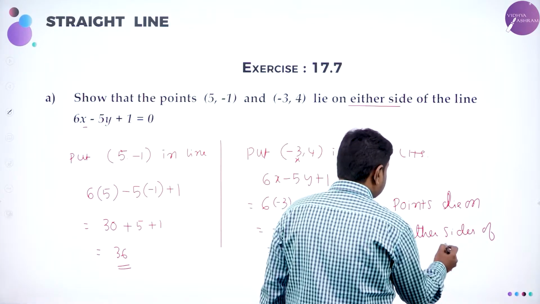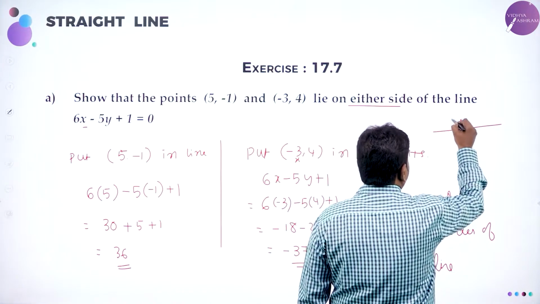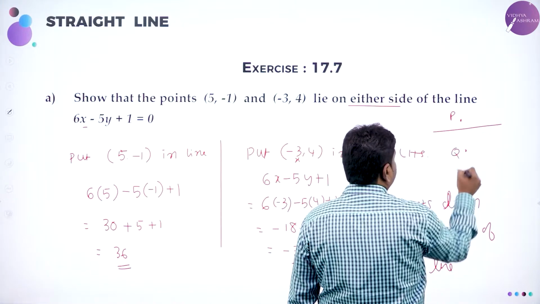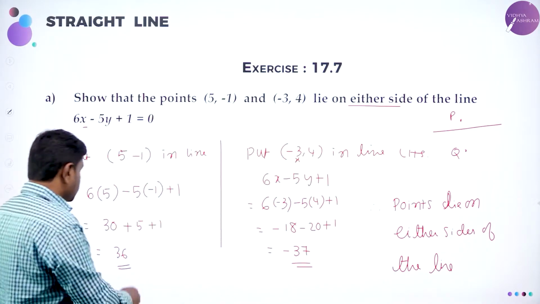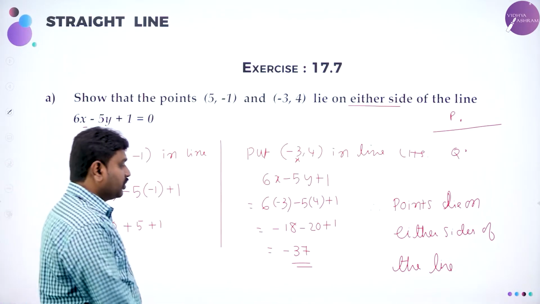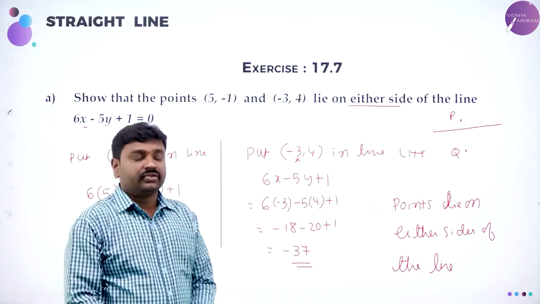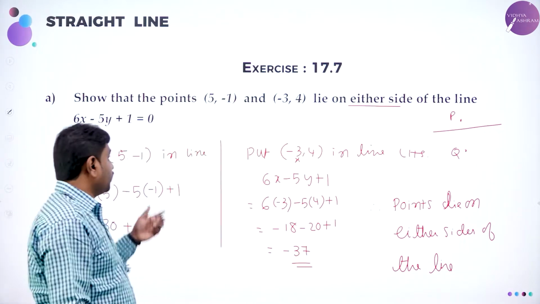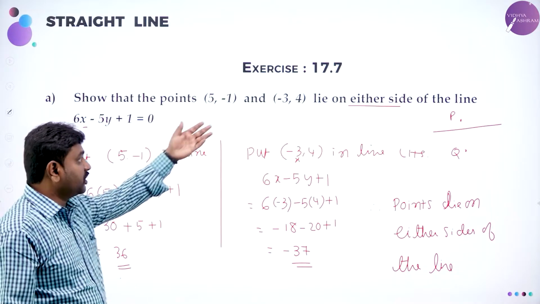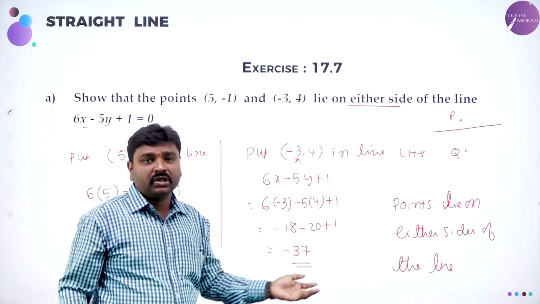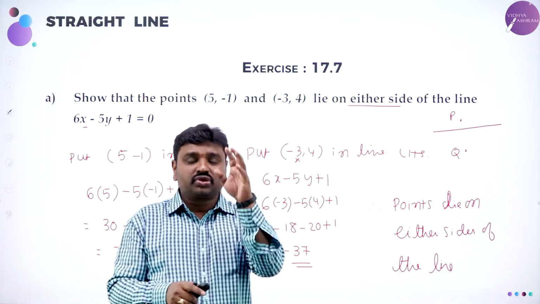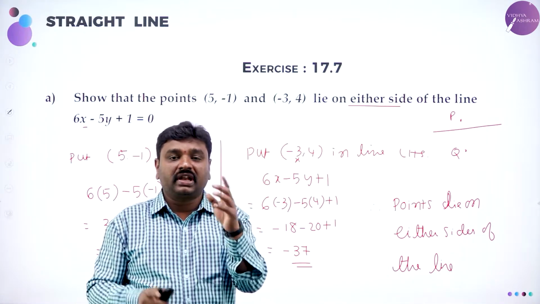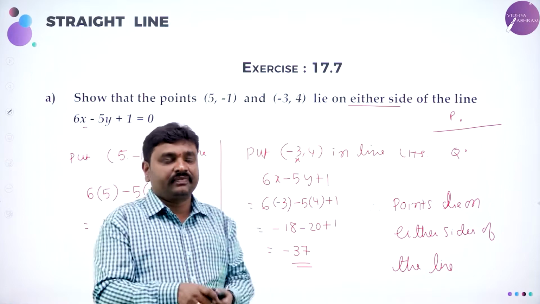Means if the line is like this, one point will be here, the other point will be here, on either sides. How can I decide either sides? Because when you put the first point, you get a positive sign, and when you put the next point, you get a negative sign. If you get opposite signs when you substitute the points, then we say the points lie on either sides.